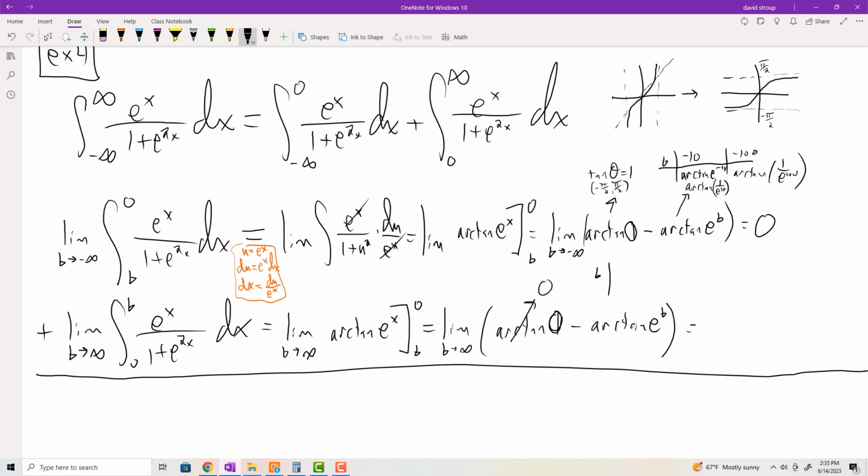I'm putting in values like 10 and then 100, etc. So the outputs are going to be arctan of e to the 10, so arctan of something huge. If you look back up to the picture on the top, arctan of something huge is going to be way out there. And then arctan of something even huger, as the b value has gone up.